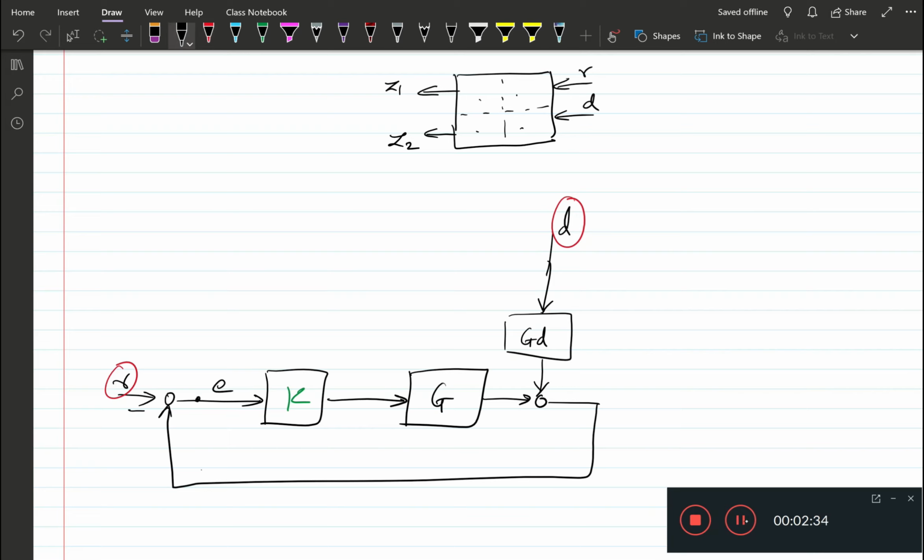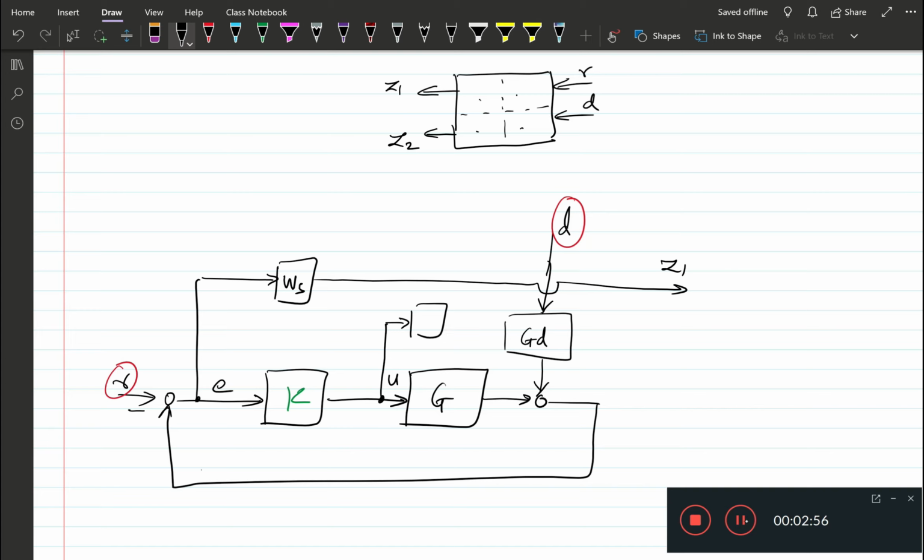So we take E, pass it through the shaping filter WS, and call that one the first output Z1. Then we take the U, and pass it through WK, and call this one Z2.